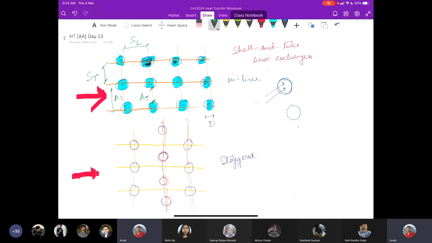This is the maximum cross section, the flow area initially available. But when it enters, the minimum area through which it will pass is this AT.